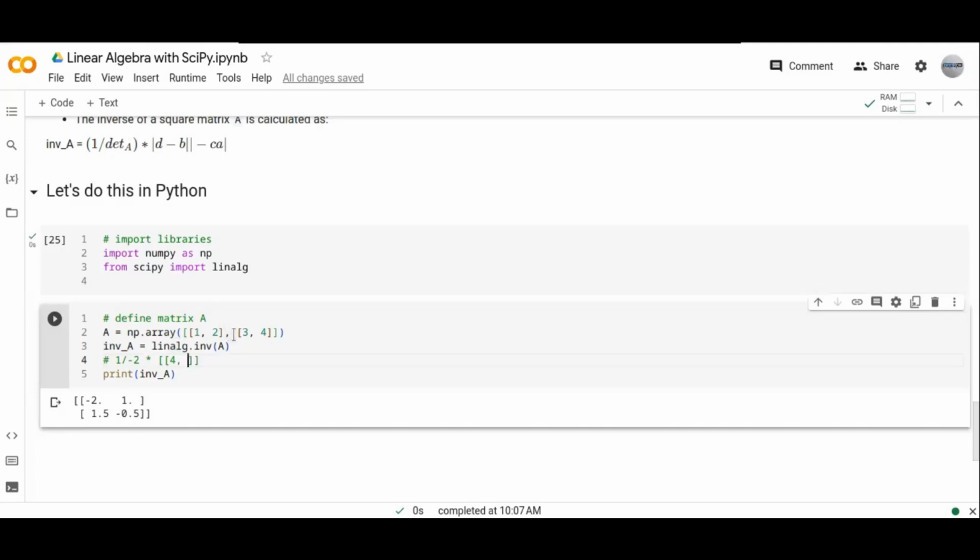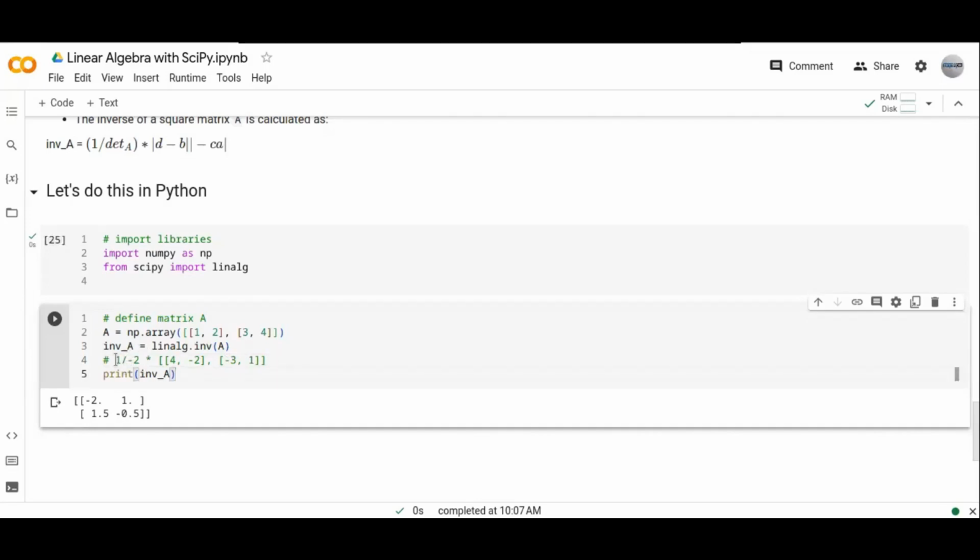Then minus b, the second element in the first row, and minus c, the first element in the second row, -3, and a is 1.